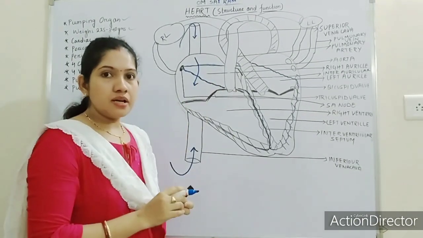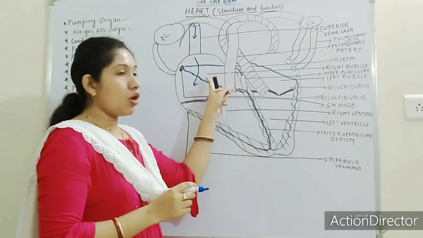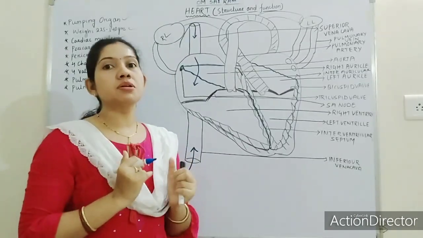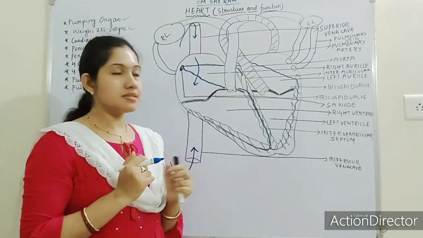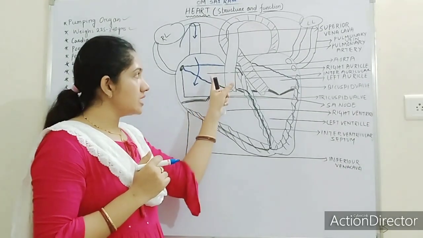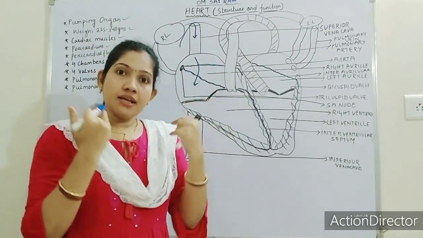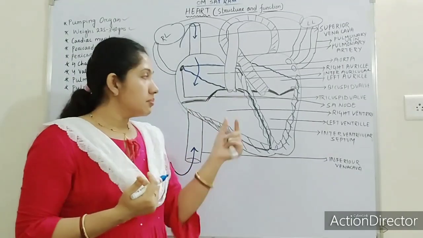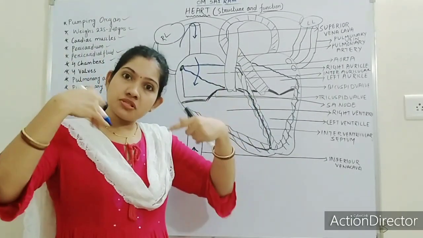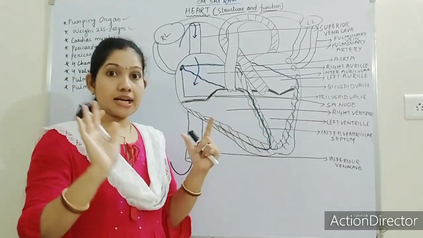So remember, auricles always accept blood. Whether it is the right auricle or the left auricle, they gain blood, but ventricles always pump blood. That you will be clear about at last.